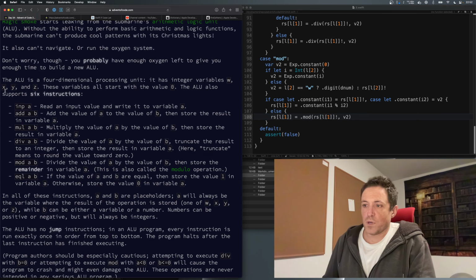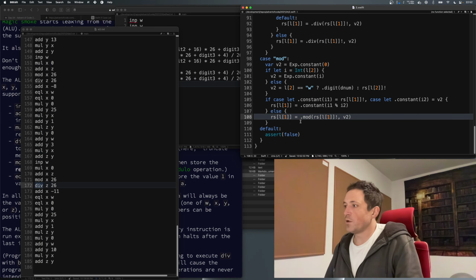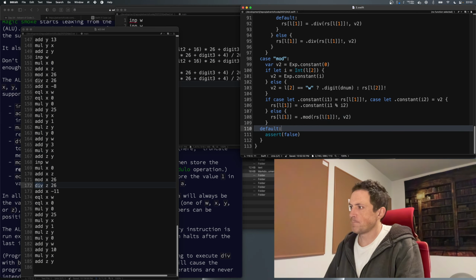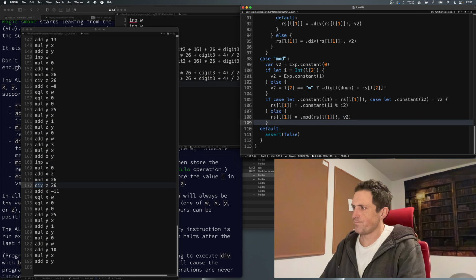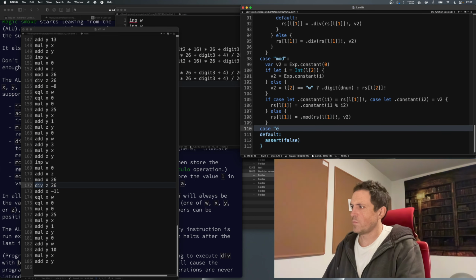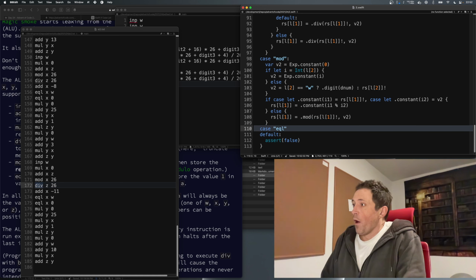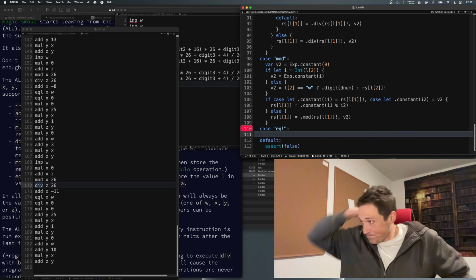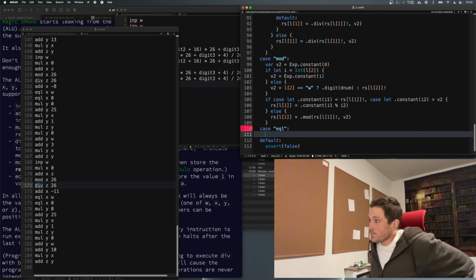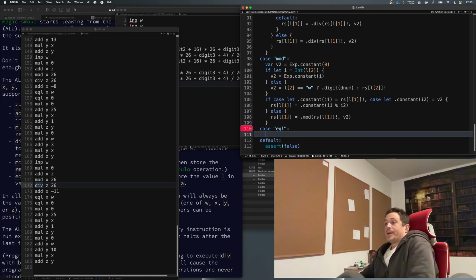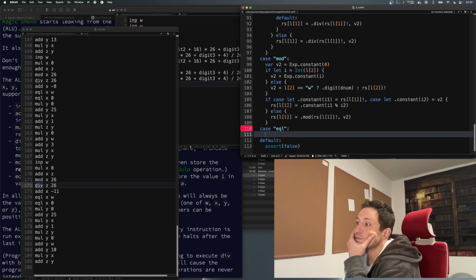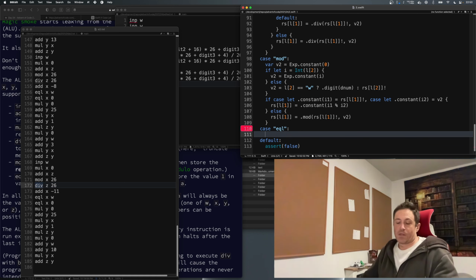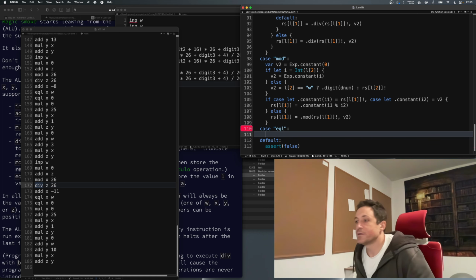And our last one is EQL, right? Oh, so what are we doing here? Well, this is where the branches happen and so forth.